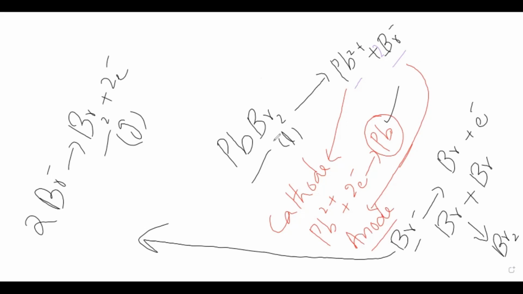First lead bromide is in the molten state, then it is electrolyzed using electricity. Lead metal will be formed at the cathode and bromine gas released at the anode. This decomposition is called electrolysis because it used electricity.